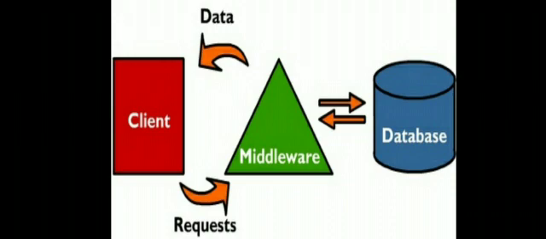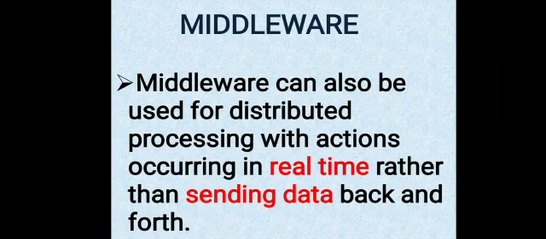Middleware is used to perform the request on a web browser and allow the web browser to return. Middleware can also be used for distributed processing, with action occurring in real time rather than sending data back and forth.